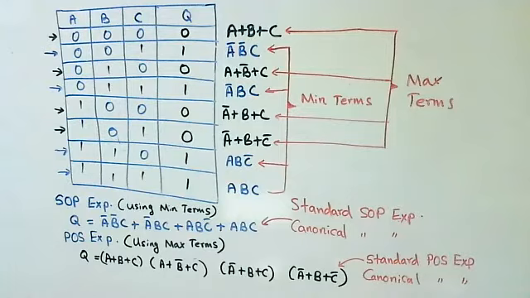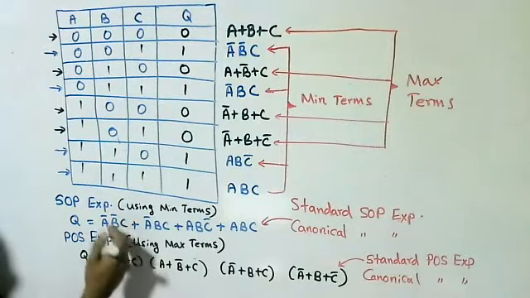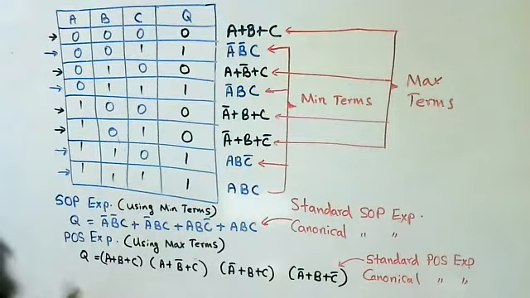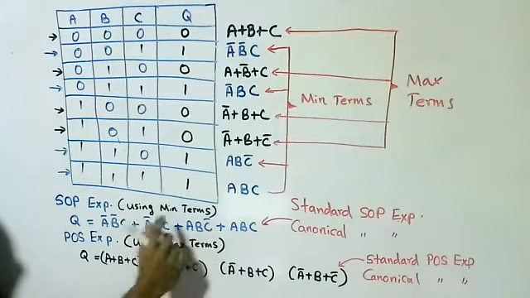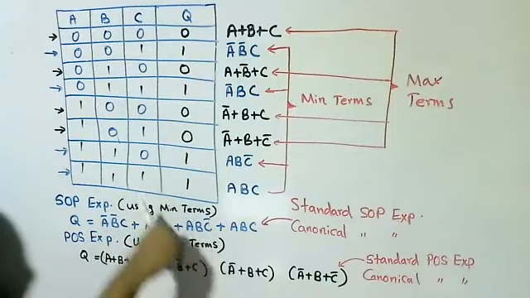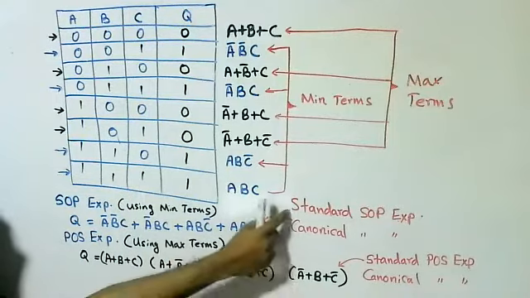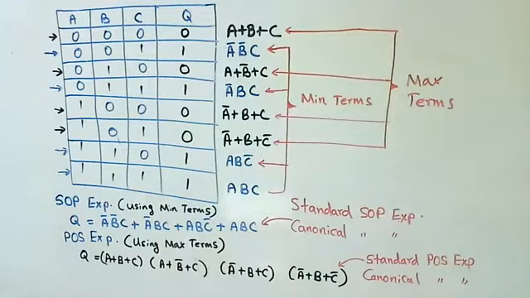Because in each min term, all three variables are there. That may be direct variable or complemented variable, no problem. But see, this min term ABC is there. This min term ABC is there. Here ABC is there. So in each and every min term, all the inputs are there. That's why we call it as standard SOP expression.